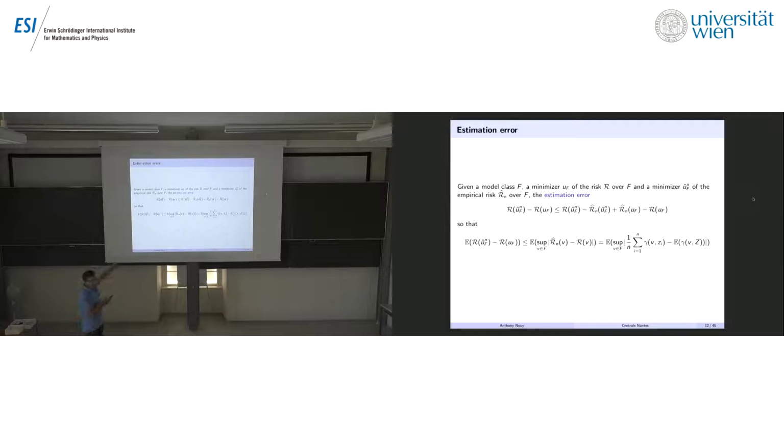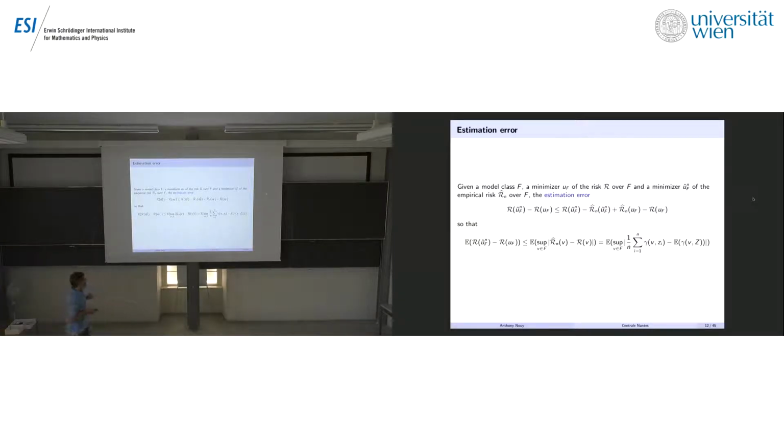In fact, you use the fact that U hat is a minimizer of the empirical risk. So you have three terms, but one is bounded by zero. In fact, you have plus this term, minus this term, but this additional term is less than zero, because you suppose that the U hat is a minimizer of the empirical risk, and I will come back to this later.